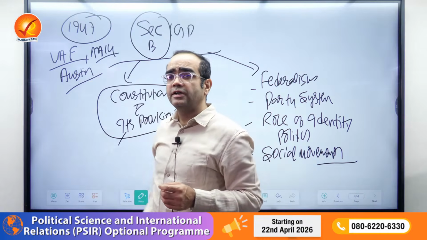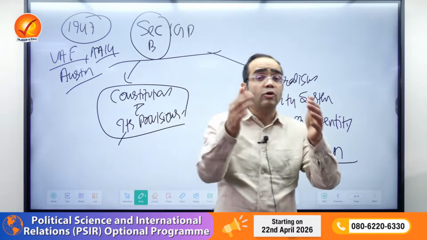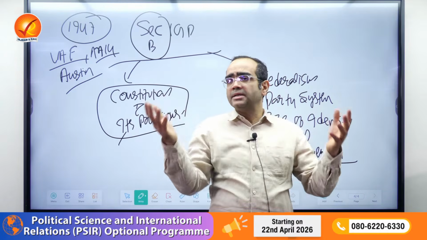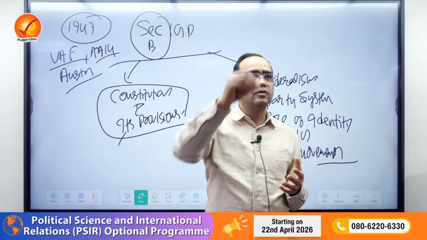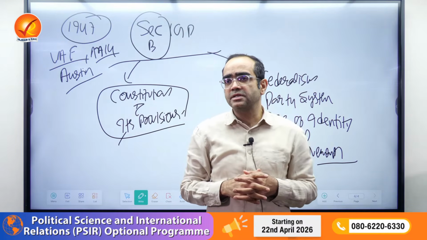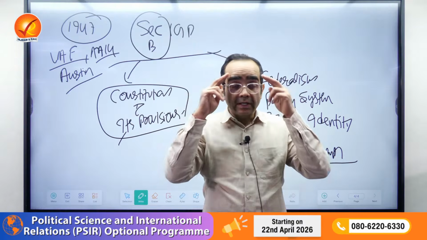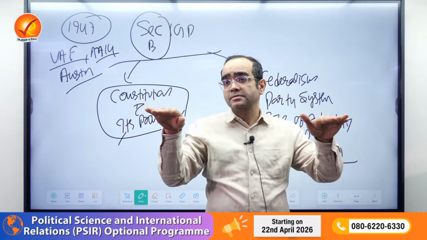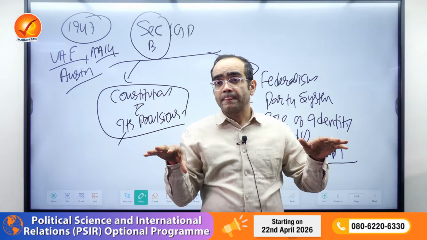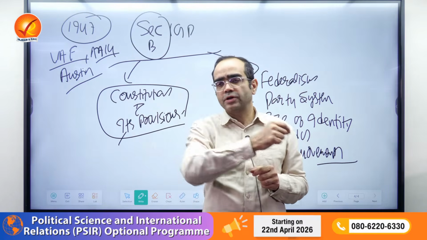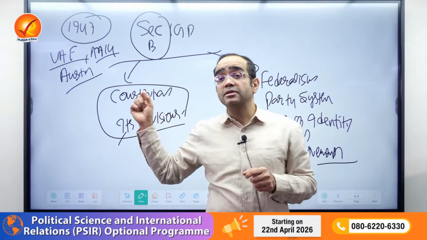Article 14 of India's constitution talks about equality before law. It doesn't matter whether you are a rich person, whether you are the son of an industrialist or the son of a princely state ruler, you are equal in the eyes of law, subject to the ordinary court of the country. And by one stroke, political equality was given to females also.